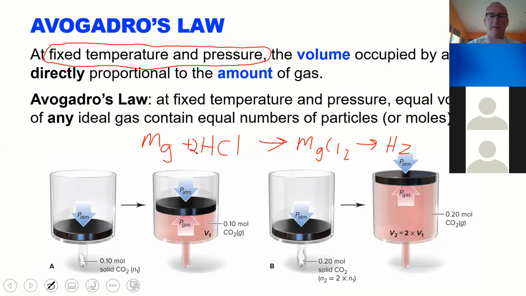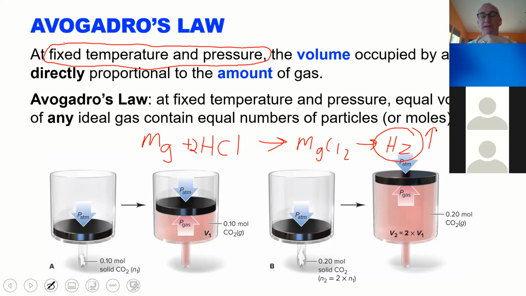So what he would do is measure the release of hydrogen gas and notice that if he had twice as much magnesium, the volume of the hydrogen he collected was exactly twice as much. If he had half as much magnesium, the volume of the hydrogen was exactly half as much.